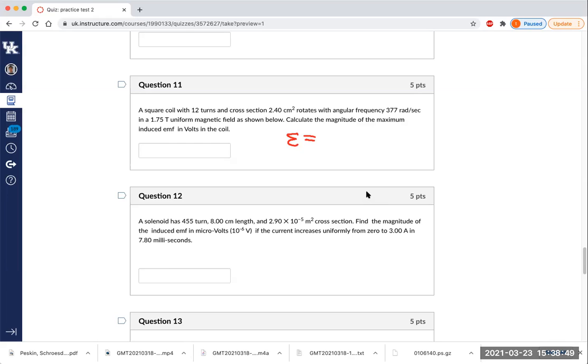And that induced EMF depends on the number of turns of the coil. It depends on the cross-sectional area of the coil. It depends on the magnetic field the coil is moving in. And it depends on the angular frequency that the coil is rotated at.